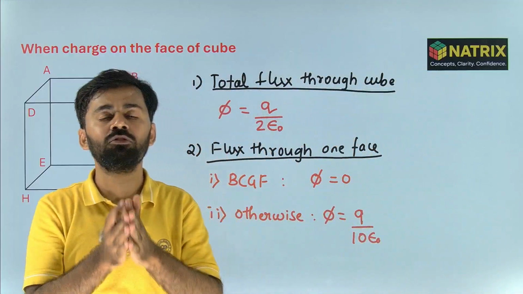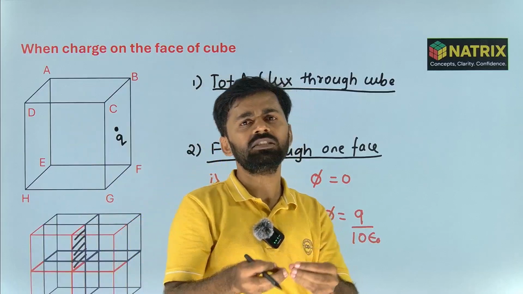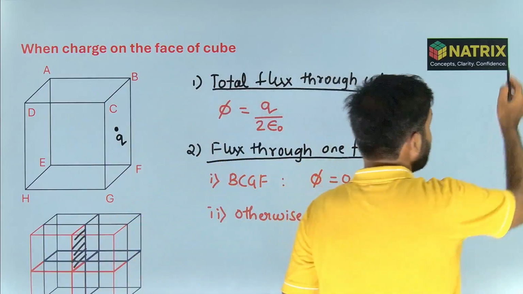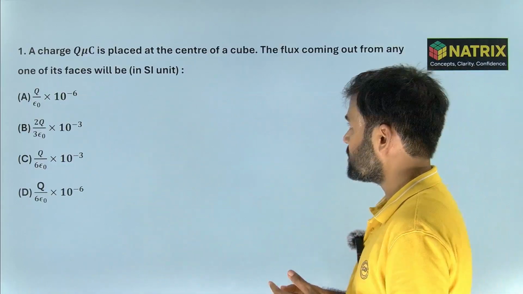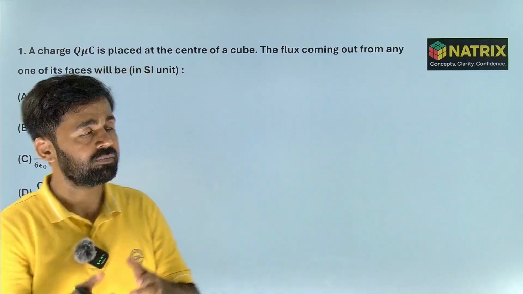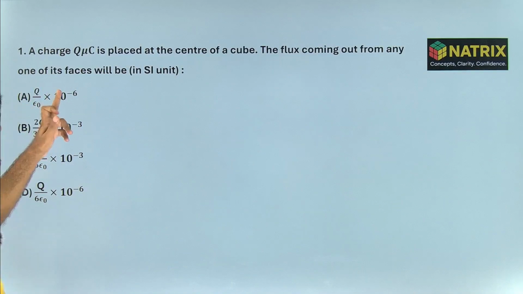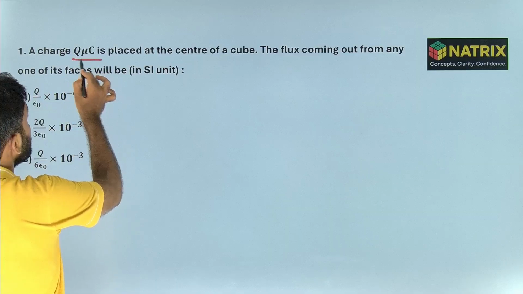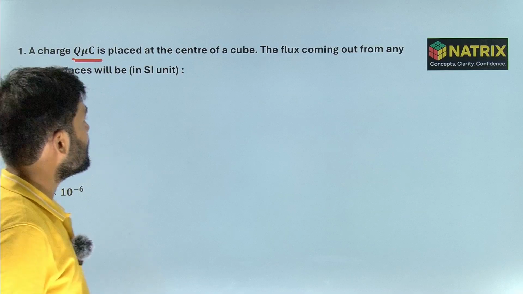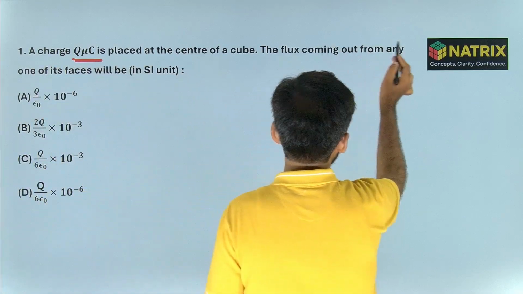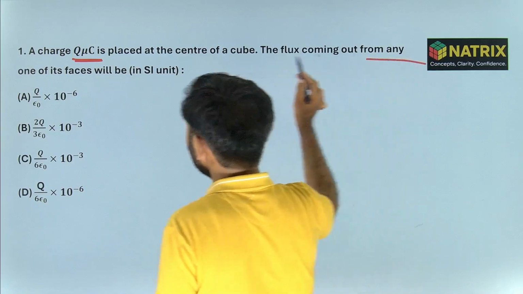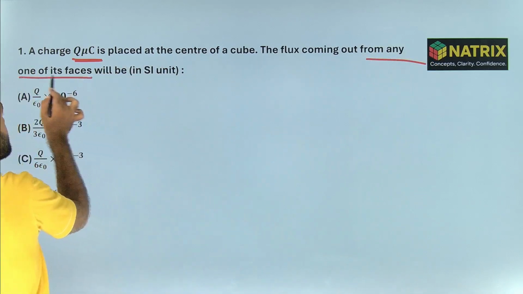Now what kind of questions do they ask? Let's discuss 2 questions on this so that you will get an idea of what kind of questions they ask. First question: a charge Q microcoulomb is placed at the center of the cube. Find the flux coming out from any one of its faces.